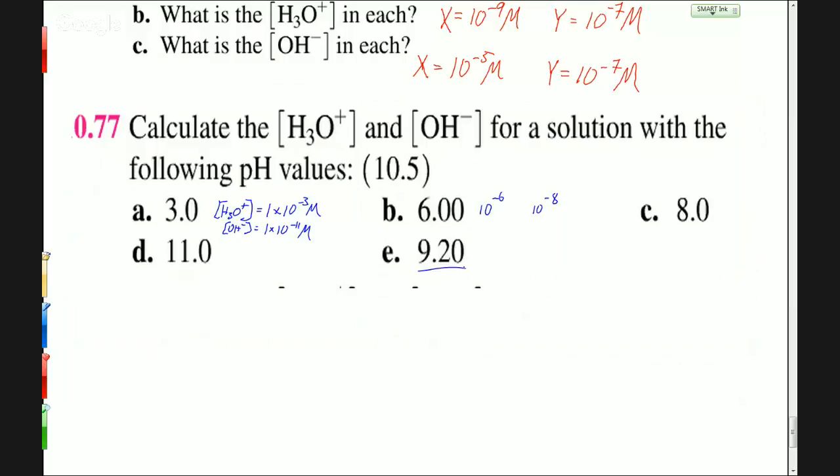So we would say here that the hydronium ion concentration is 1 times 10 to the minus 9.20 molar, and the hydroxide is 1 times 10 to the minus 4.80 molar, but we shouldn't leave it like that. We should calculate that and see better numbers. So, whoops, where's my calculator?